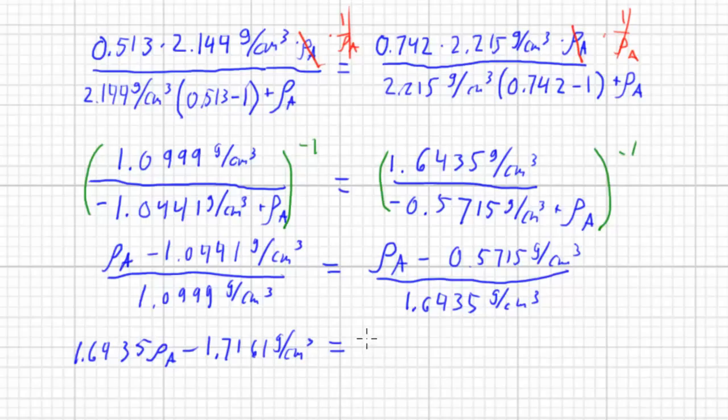Set that equal to 1.999 density of the amorphous minus 6.85 grams per cubic centimeter.